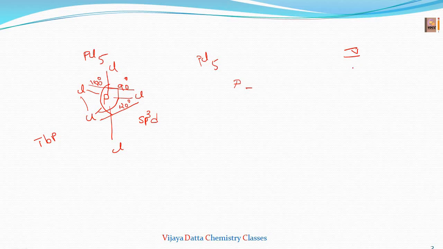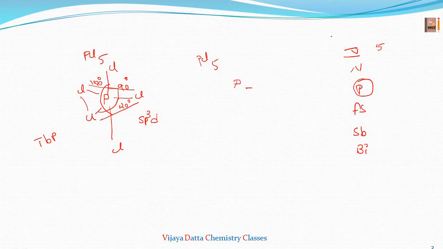That is the fifth group. What are the fifth group elements? Nitrogen, phosphorus, arsenic, antimony and bismuth, right? So phosphorus belongs to the fifth group. The fifth group is nothing but its valence electrons are 5. We have a formula: 8 minus 5, group number minus 5 will give it.